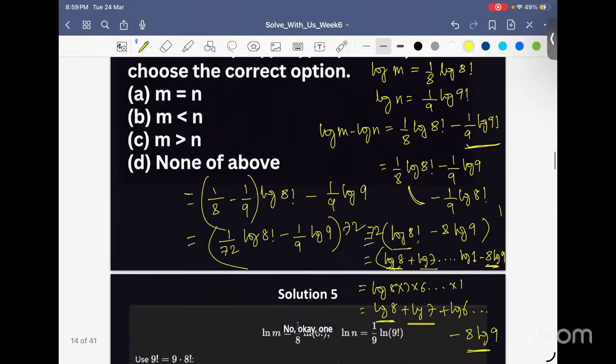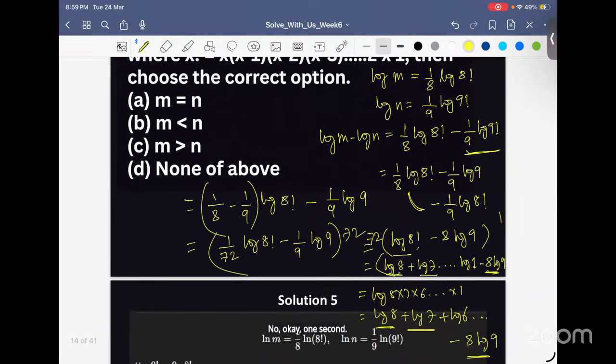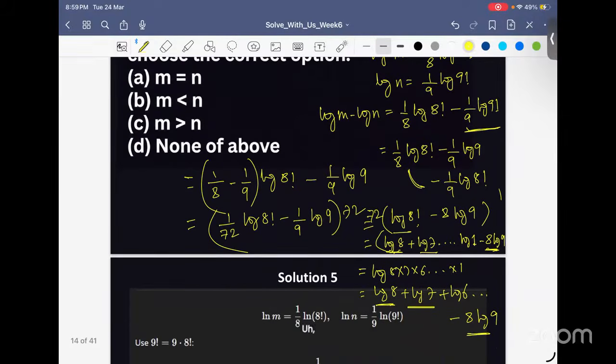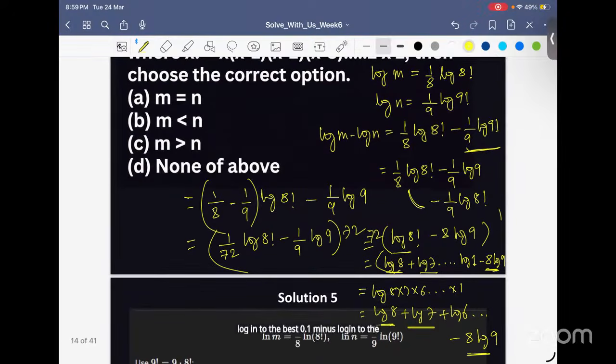Okay, one second. Let's take 0.1. In that case, log m to the base 0.1 minus log n to the base 0.1. Whatever you are saying, log of m minus log of n, this will come out to be negative, right?